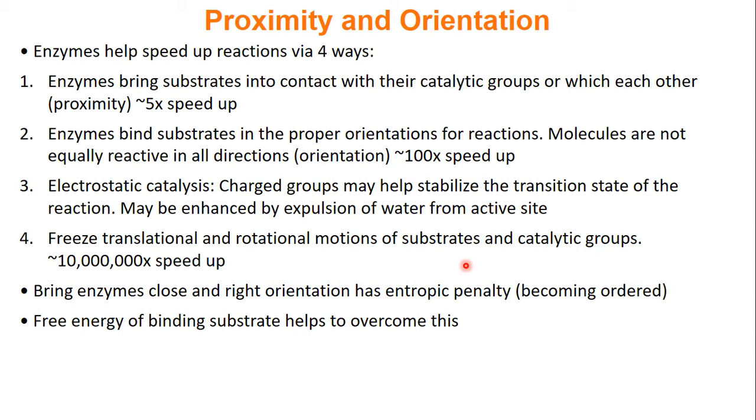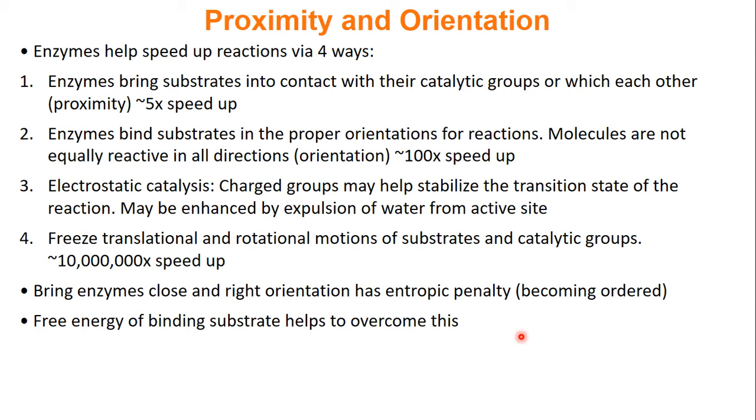Now, this does have some penalties. If we remember, delta G equals delta H minus T delta S. H is enthalpy, S is entropy. If you're bringing substrates close, bringing them in the right orientation, and stopping their rotation and translation, you are making your substrate become incredibly ordered.